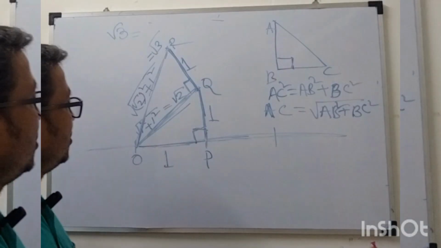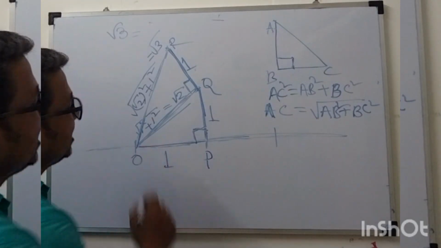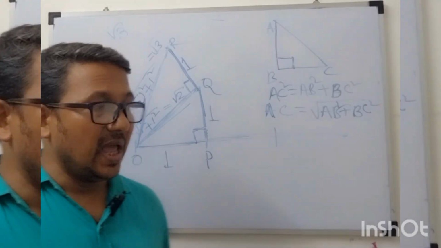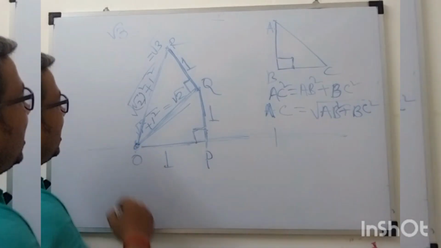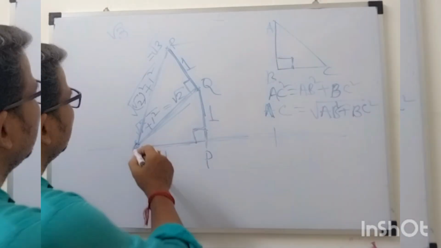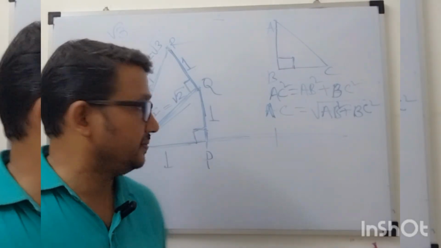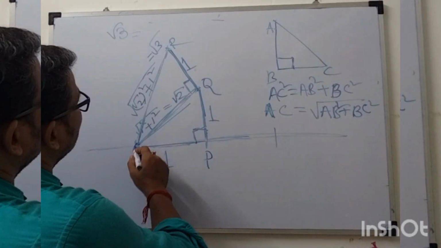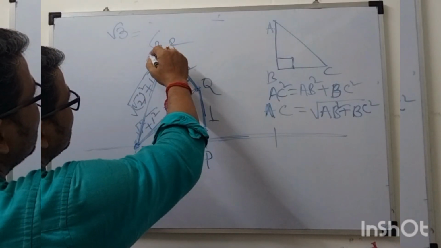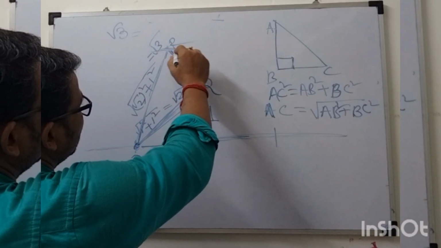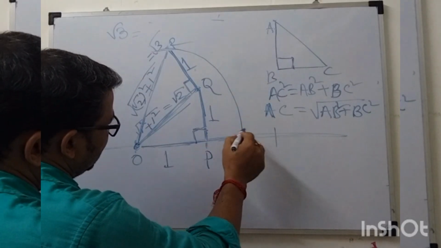Now we have to take a pencil compass and fix it at the point O, and take the radius OR to draw an arc. So let us take the radius OR and draw an arc with the pencil compass, and we have to draw the arc till it touches the number line.